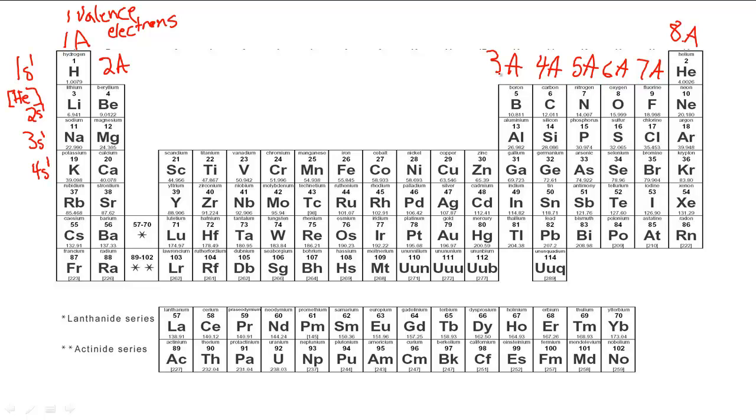So this is a quick and easy way to know the valence electrons, by using your knowledge of electron configurations to understand that each group number also represents the number of valence electrons.